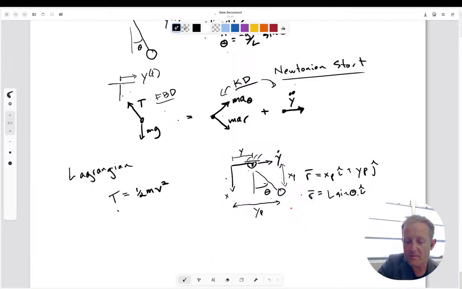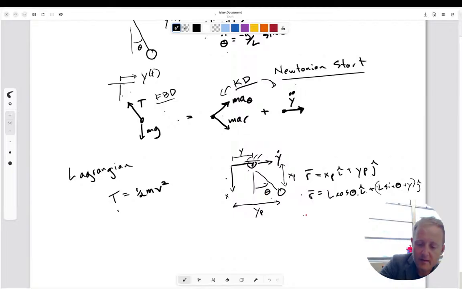And then my y position is this, it's L sine, oh, whoops, that should be L cosine, right? That's why I shifted it. So L cosine is my x, which makes more sense. And now I have that L sine theta along the j, but I also have that y position, so plus y along that j.